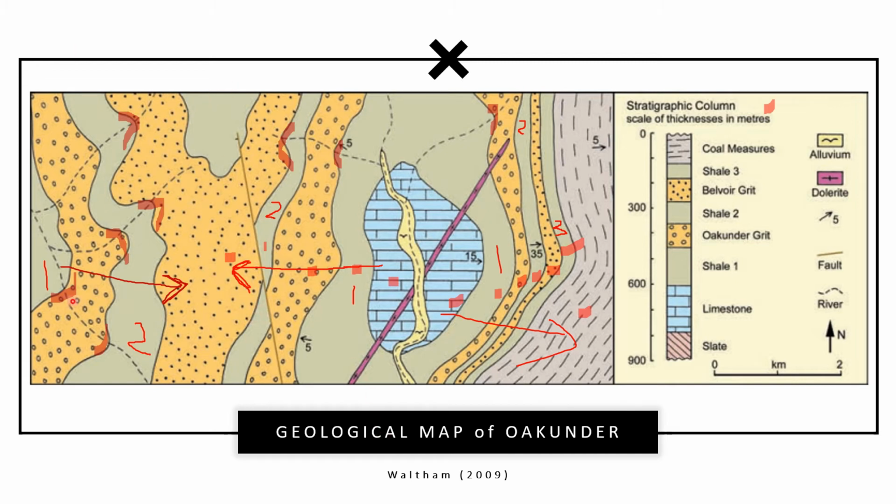It's probably on this side. The direction of the dip, if we view it in a cross section, would be like that, and here the direction of the dip would be like that. If we combine these two directions of the dip, we can create a syncline in this side.